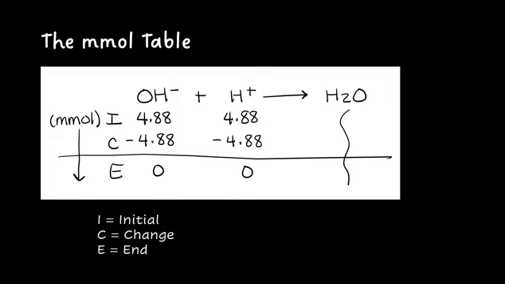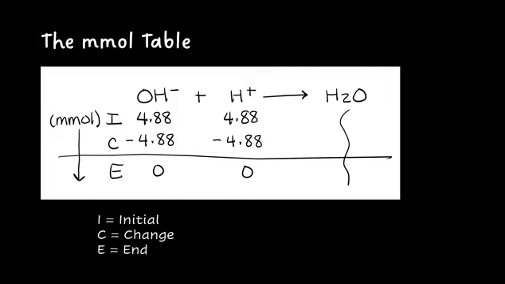The reaction at the top shows the net ionic equation for our strong base titration reaction. Our base, OH-, reacts with the titrant, H+, to form water. The water is generally not part of the calculation, so we draw a line through it to remind us to ignore it. The rows correspond to the amounts of OH- or H+ involved in the reaction.